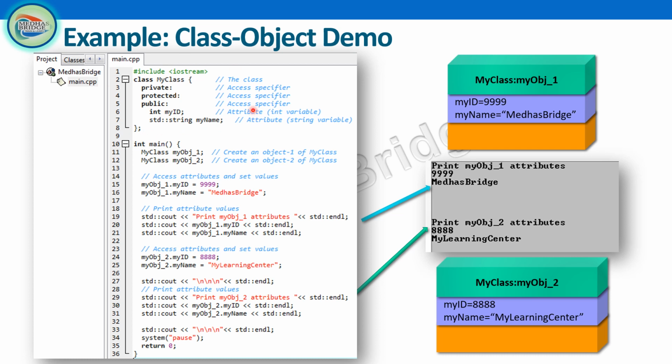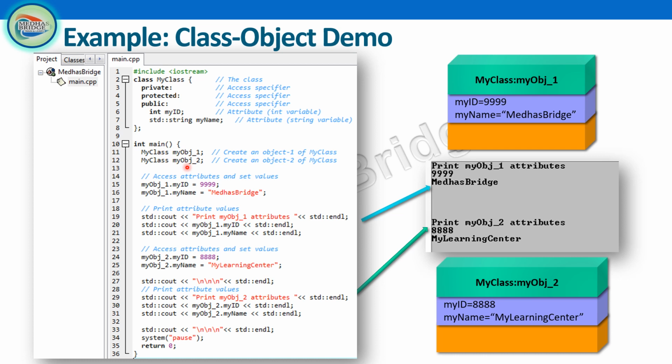The class is a template. No memory is created at this instance. That is going to take place during object creation, right? Let's look at the main program. In the main, we are creating objects of a class, which is also known as creating an instance of a class.